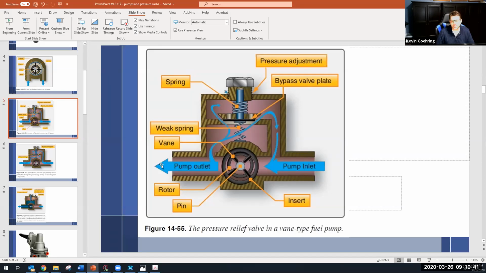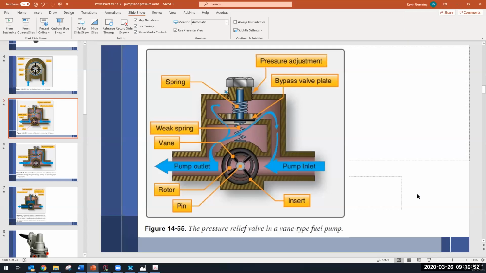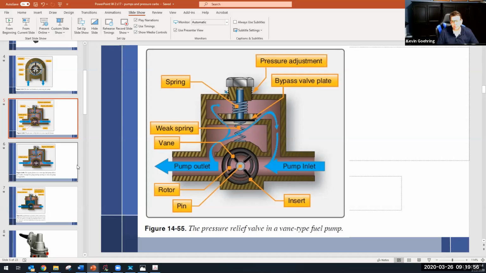I have no restriction. What do you think my outlet pressure would be on this pump right now? Whatever your head pressure is, maybe a little more. Probably almost nothing, because the pump doesn't pump pressure, it pumps volume.